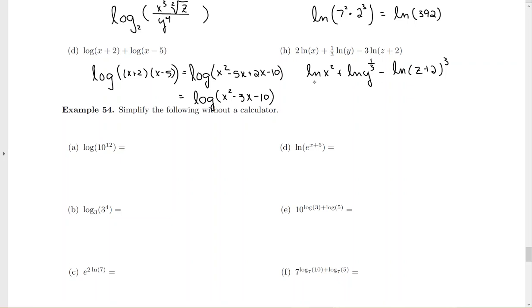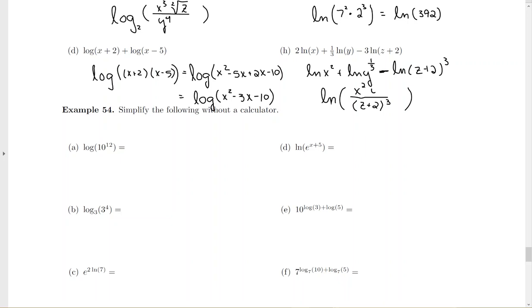Now that I have all natural logs, the same logarithm in front here, it can be condensed to one natural log, parentheses. And then I do have a subtraction, so there's going to be a division bar. If these were both subtractions, then both things would go down below. And in this case, there's just the one subtraction, so the z plus 2 cubed goes down below, and then these guys on top.